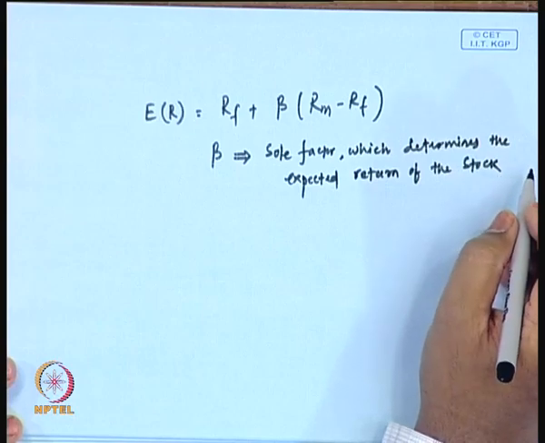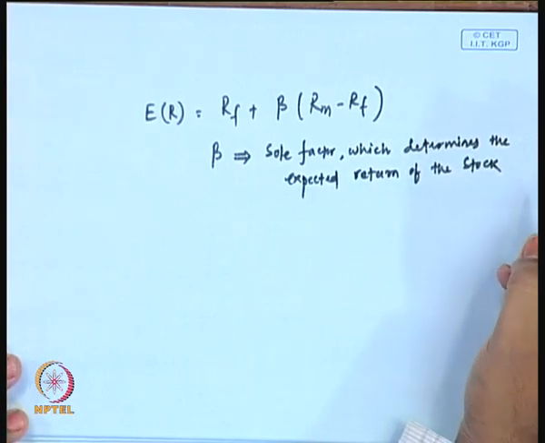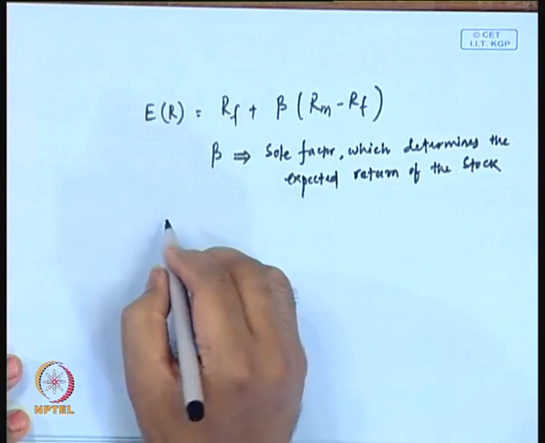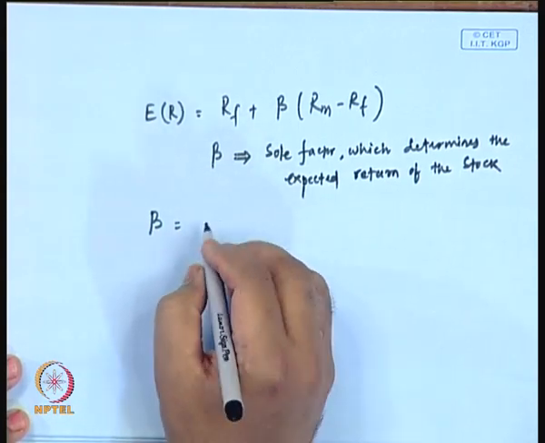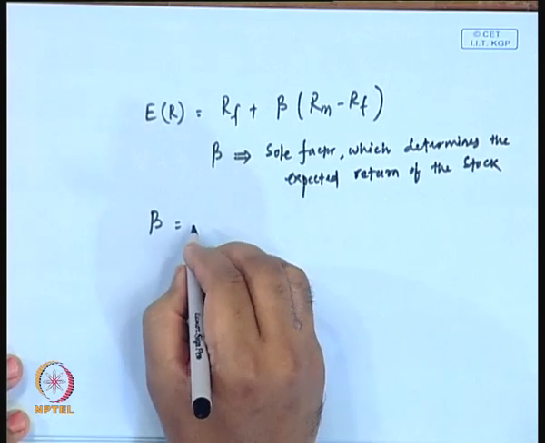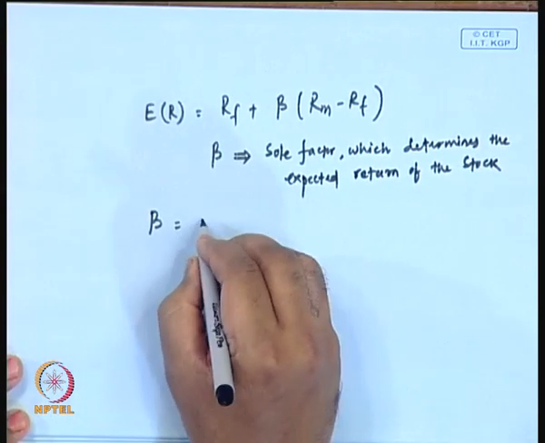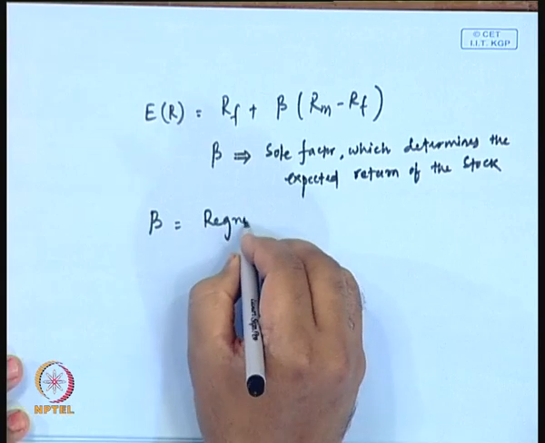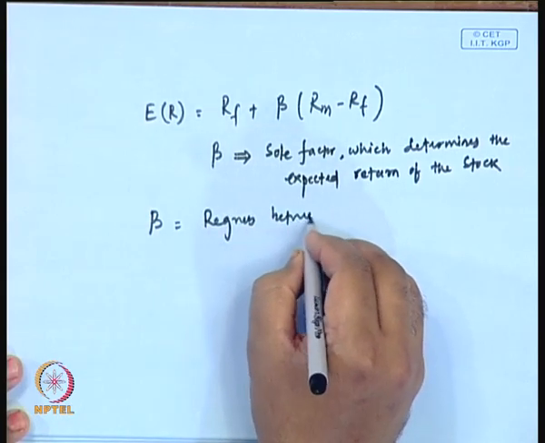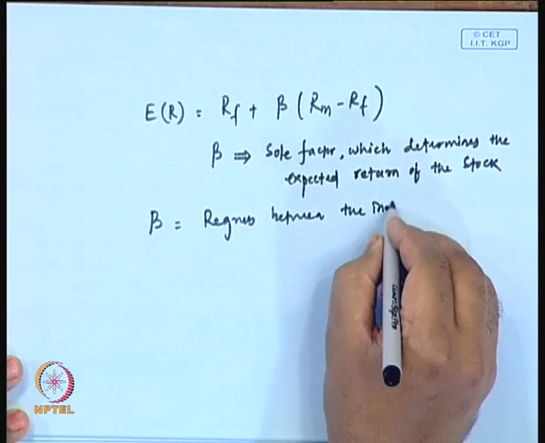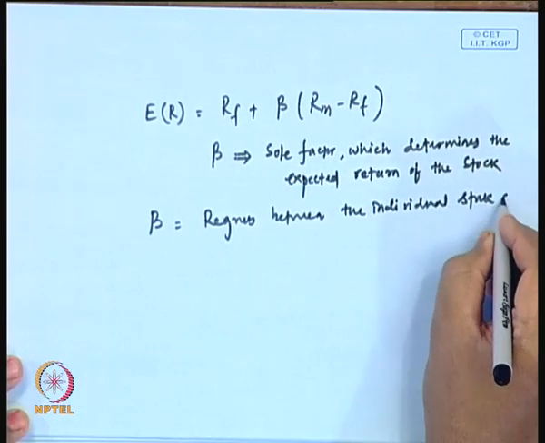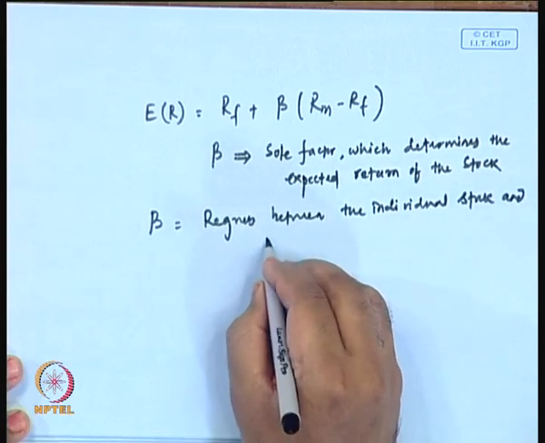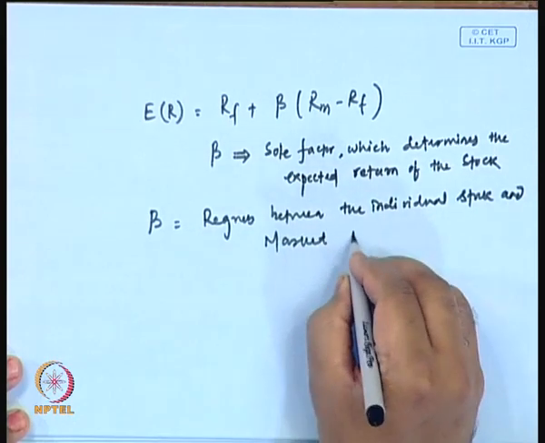But how is this beta calculated? The easiest and most popular way of calculating beta is to regress between the individual stock and the market portfolio.